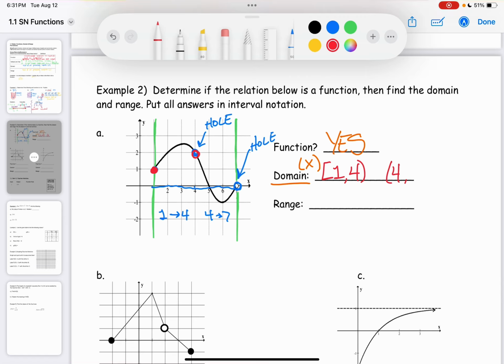And I want to say I go to 7, but 7 is open. So I'm going to go to the last value that has an actual output. So we'll put 6. And then since these domains are connected, I'm going to put a union.